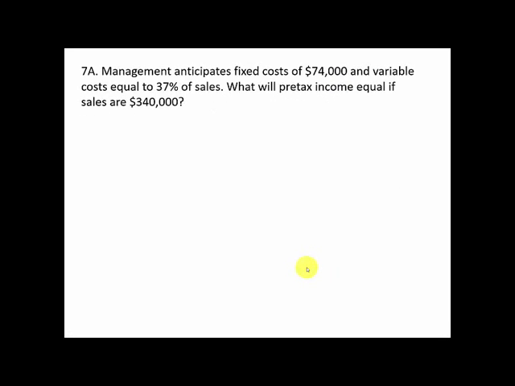Number 7A, management anticipates fixed costs of $74,000, variable cost equals 37% of sales. What will pre-tax income equal if sales are $340,000? All right, sales minus variable cost equals contribution margin minus fixed cost equals pre-tax net income. Plug in what we know.